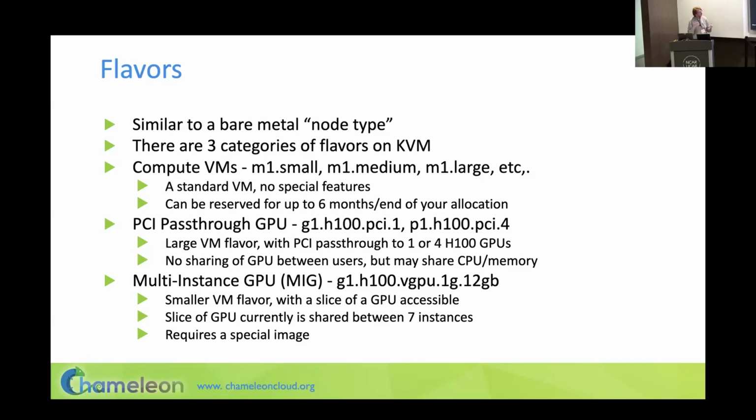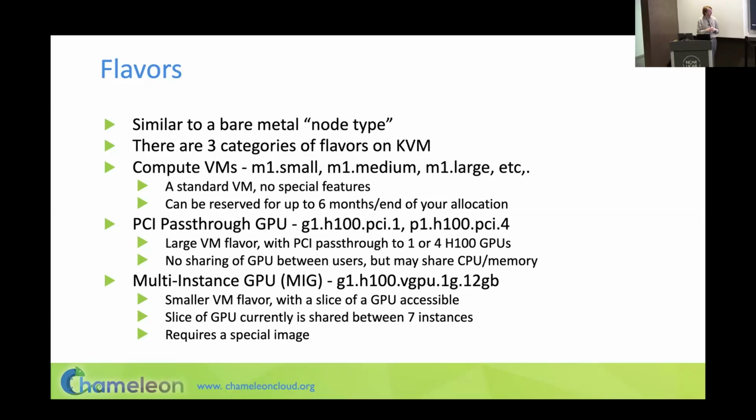Now, in the last year, we got PCI pass-through GPU flavors. These are the following two flavors here, g1.h100.pci1 and pci4. This is a large VM flavor, and you get a PCI pass-through to one of the H100 GPUs on that hardware.